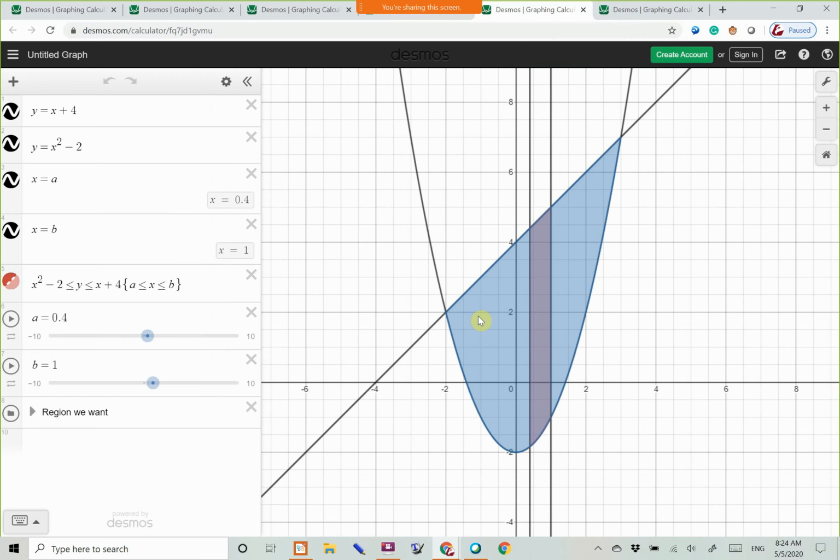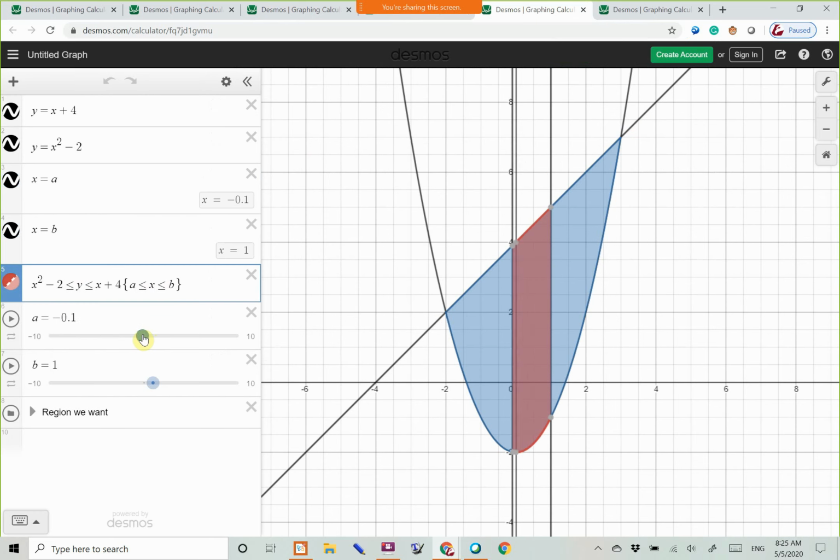We just want the region shaded in blue, and as a first guess of what a and b should be, there's two vertical lines, and there are these sliders. I just picked the first x value to be 0.4 and the next x value to be 1, and that's clearly not correct. This region that's shaded in red is not the entire region in blue. So we should change this.